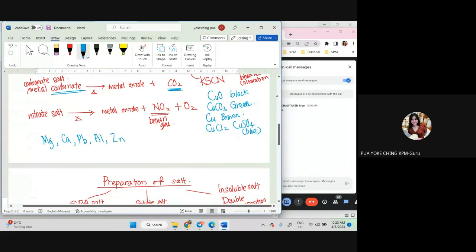And then ZnO, PbO. Dua ni ada warna yang special. ZnO hot, yellow. Cold, white. PbO hot, brown. Cold, yellow.